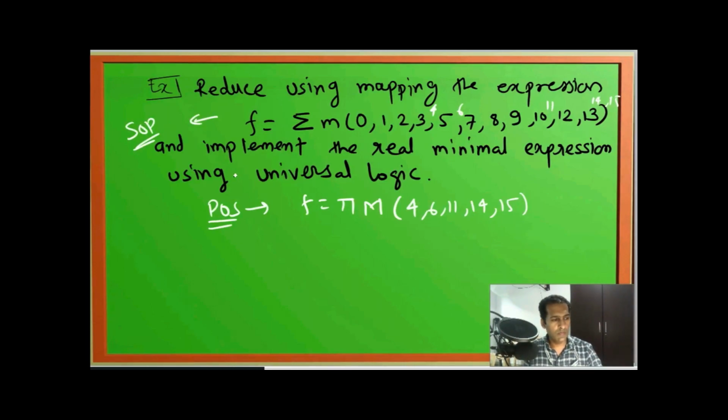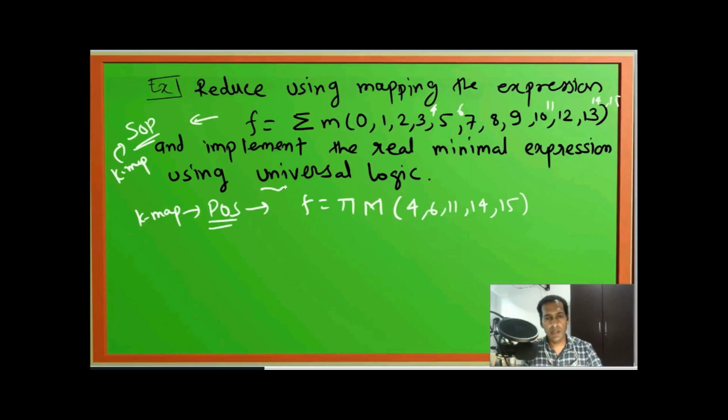So we can draw K-maps for POS as well as SOP form. Then we can obtain the reduced expressions, and for that we first make the K-map for POS and the K-map for SOP, reduce them, and then decide which one uses fewer gate inputs.